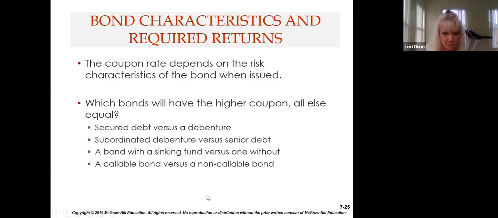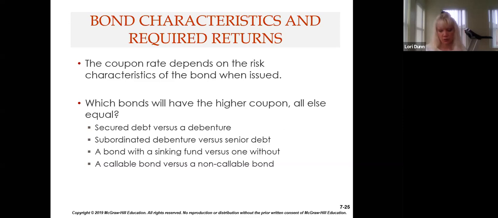Now, some more characteristics. The coupon rate, the rate on the bond, really depends on how much risk is associated with that bond.